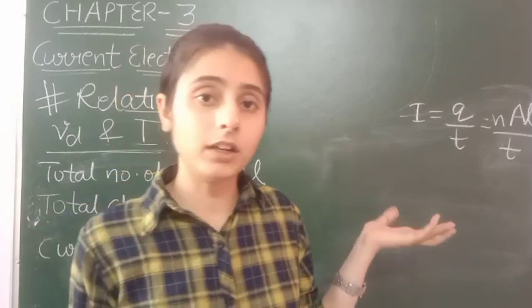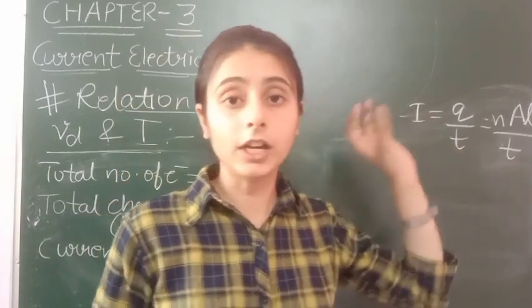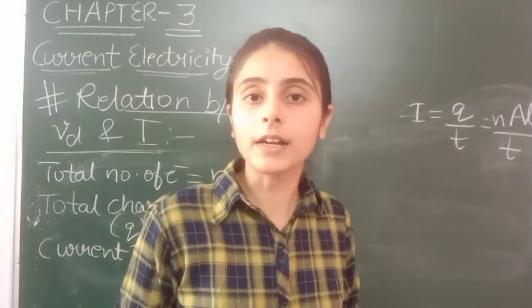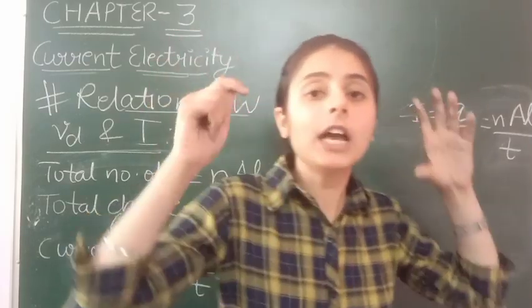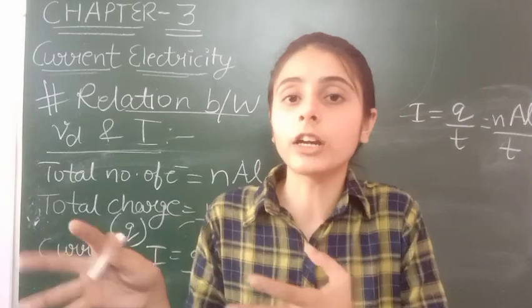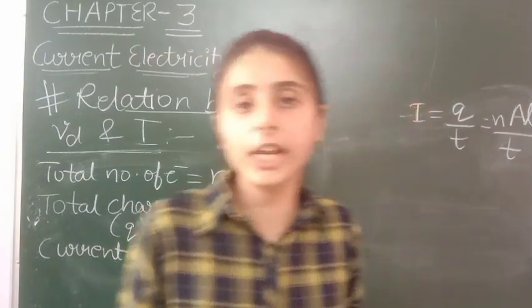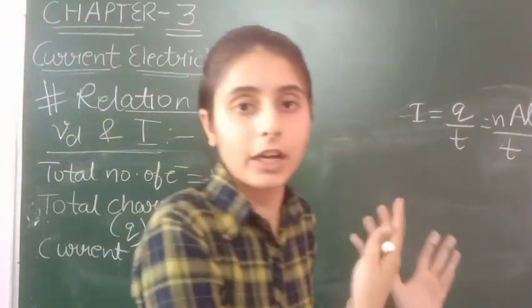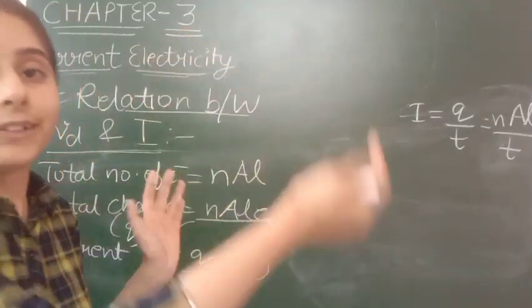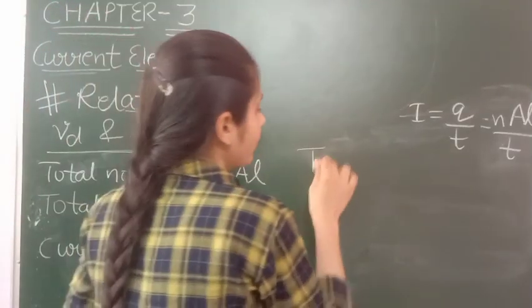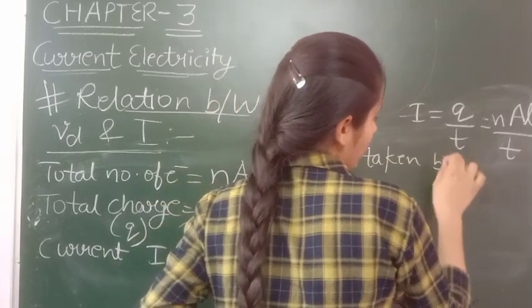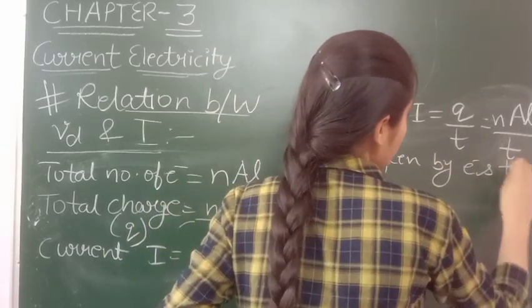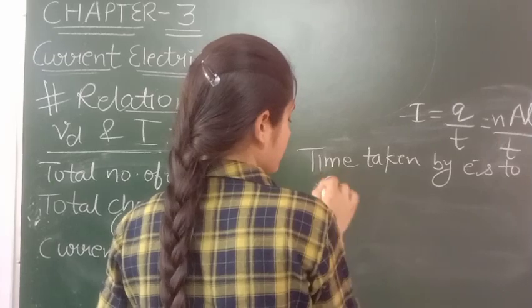When we apply the electric field, जब हमने electric field apply कर दिया conductor पे, small t is the time taken by the electrons to cross the conductor. Means जितना time electrons लेंगे उस conductor को cross करने में, because वो कहाँ पे जाएंगे? Towards the positive terminal.